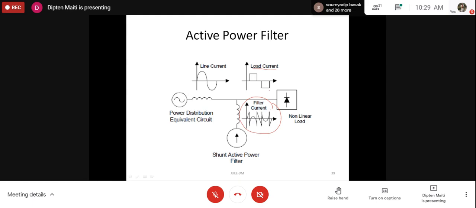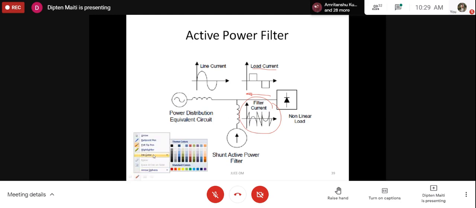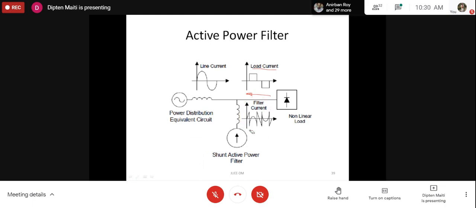So if we can locally supply this load current minus the fundamental current, that means the load is pushing some sort of harmonic current, which looks like this.